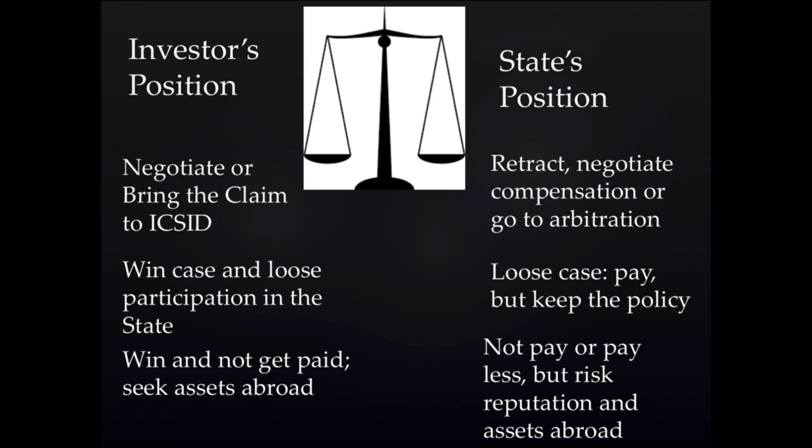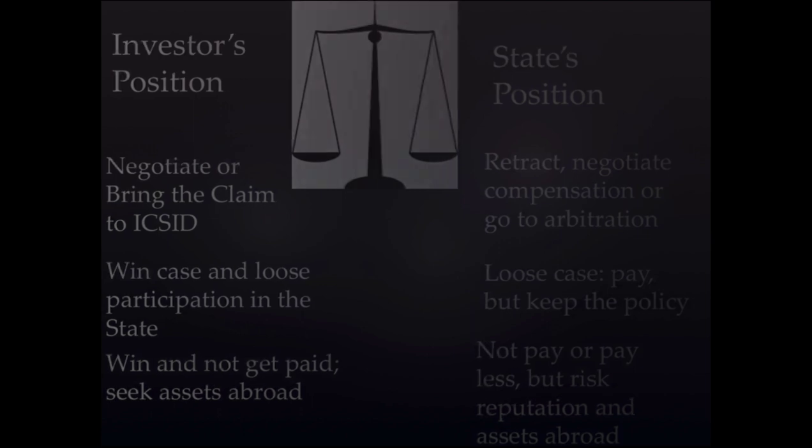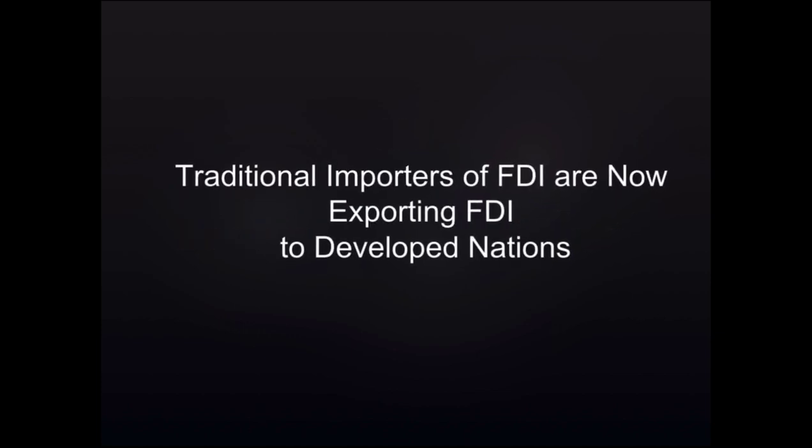Now, the regime is currently changing due to particular circumstances. And mostly it's because the traditional importers of foreign direct investments are now exporting foreign direct investment to developed nations. So it's no longer the case that European, American, Canadian, and Japanese companies are the ones bringing money into the developing countries.